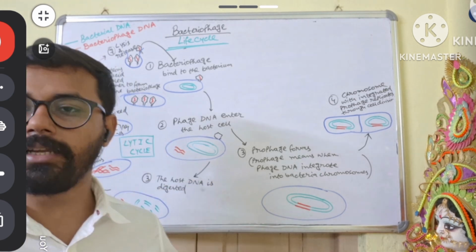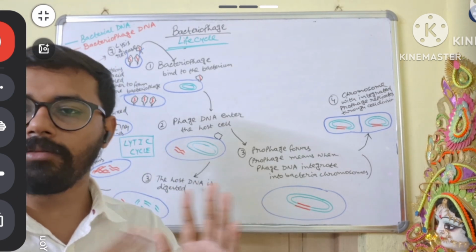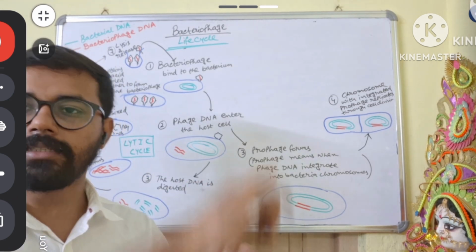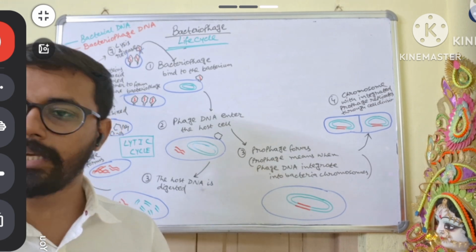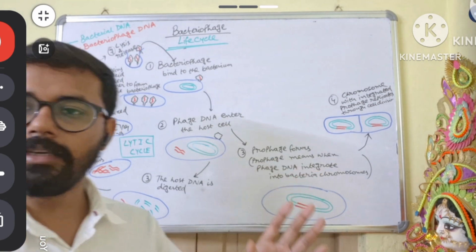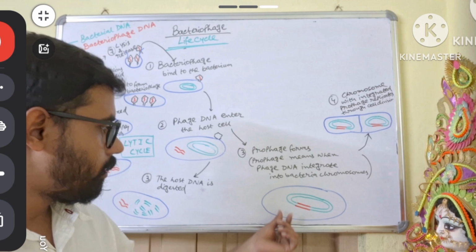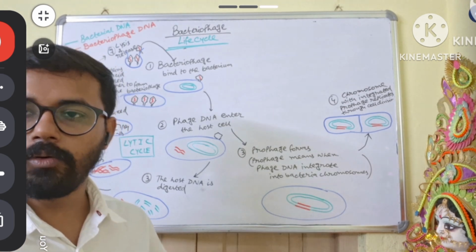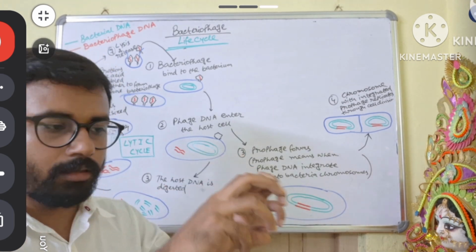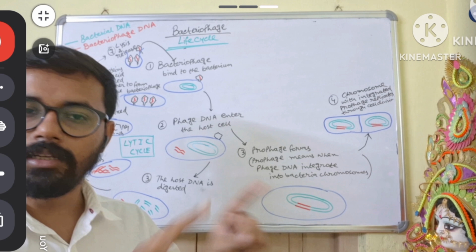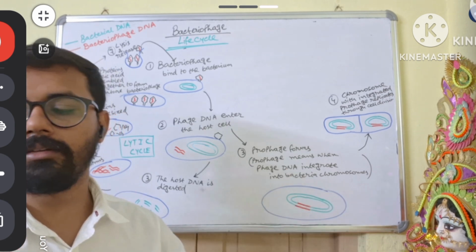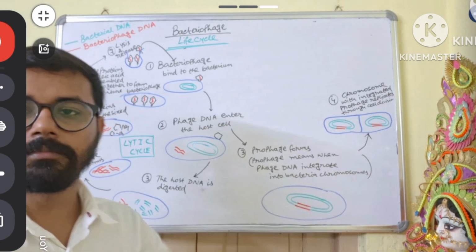They degrade the bacteria after producing enough mature bacteriophage, then start the new cycle again. But here it is in a different way. It integrates into the bacteria, and when the bacteria is divided into two bacterial cells, these two bacteria also contain bacteriophage.